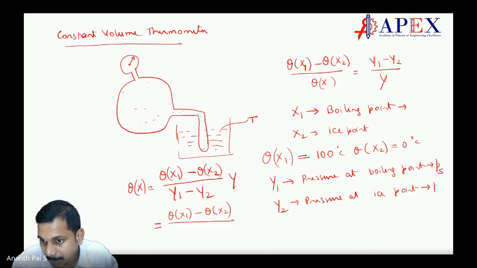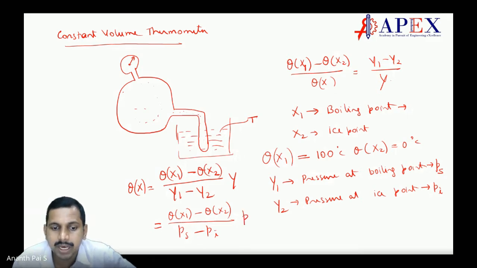And this is PI, the ice point. S stands for steam. So I'll say PS minus PI, multiplied by any P I record.